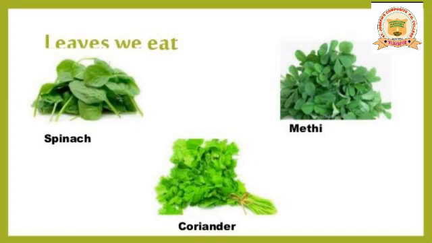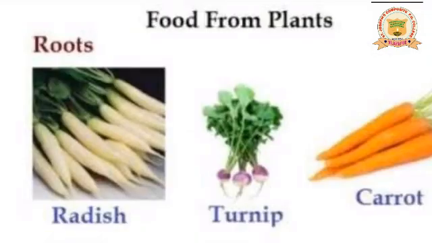Everyone knows whenever your mother prepares some dishes from spinach, methi and coriander. Then we also eat the roots of plants like radish, turnip and carrot. Means these roots we eat as food.